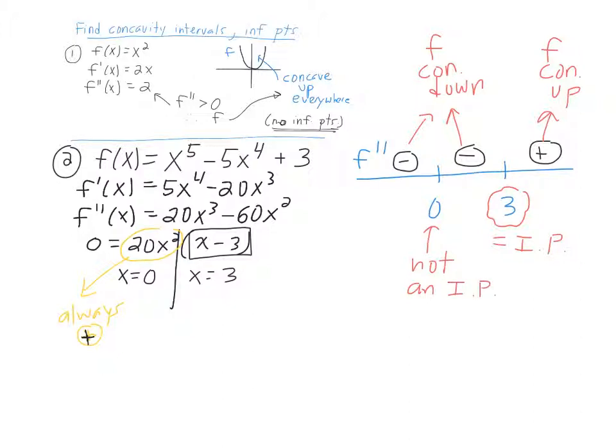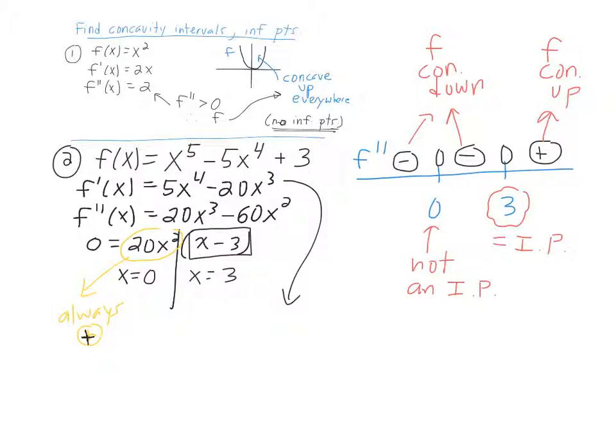Yes, it's a point where the second derivative is equal to 0, but the concavity is not changing, so it's not an inflection point. I should also add here that above these values we have 0, because that's where the second derivative was equal to 0.